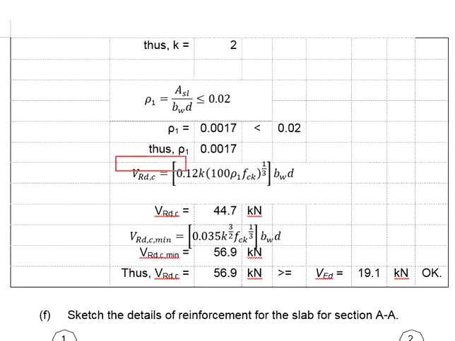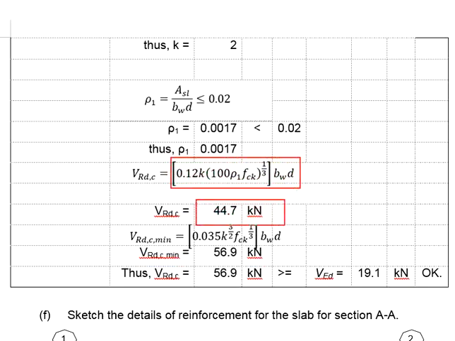Next step is substituting the values into the equations. The fck is given in the question, which is 30 Newton per mm square. Substitute all the values into the equations, you get the shear resistance of the concrete, considering the amount of reinforcement bar provided, 44.7 kN.